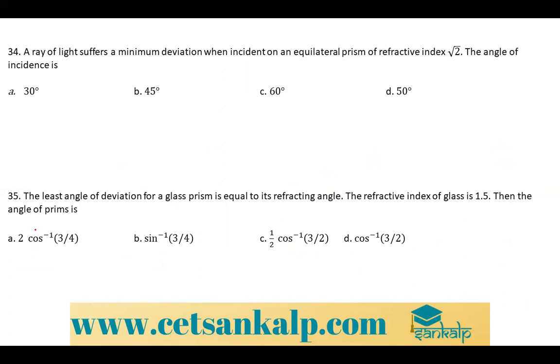A ray of light suffers a minimum deviation when incident on an equilateral prism of refractive index root 2. The angle of incidence is, okay. For minimum deviation in the prism, you can take A is equal to 60 degree.